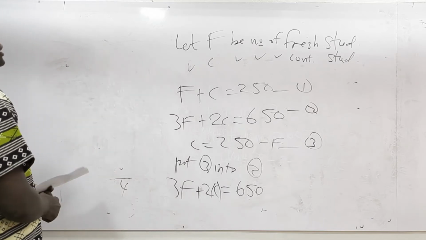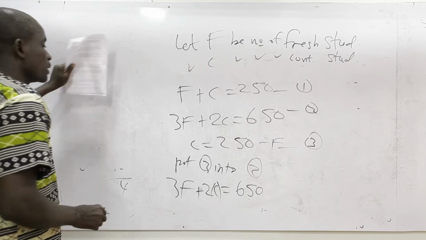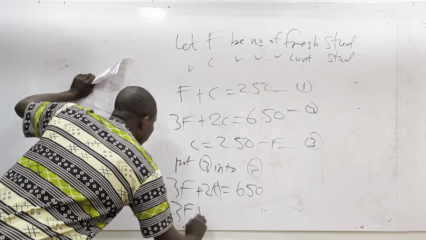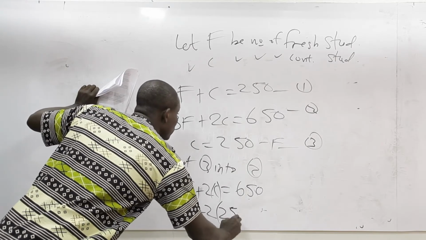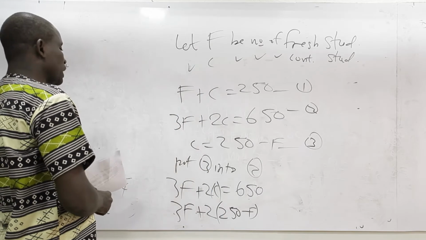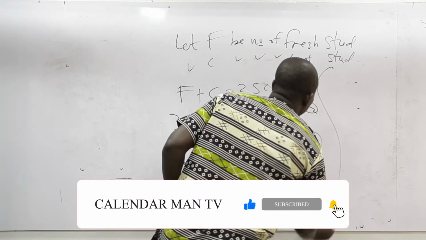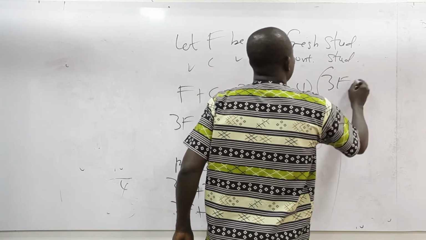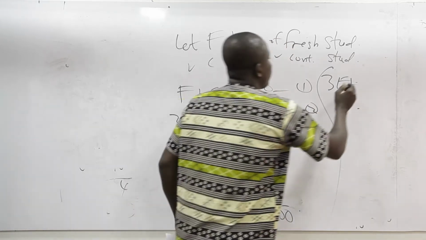Okay? At this point, you can use any of the methods, either substitution or elimination. So here, we have 3F plus 2, what is the C? C is 250 minus F. Okay? 250 minus F is equal to 650. So coming back to this side, what are we having? We have 3F plus 500, right?